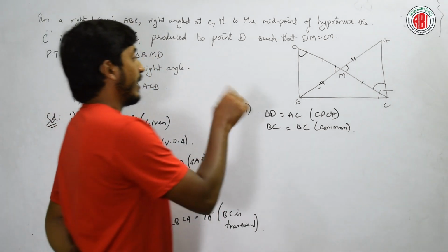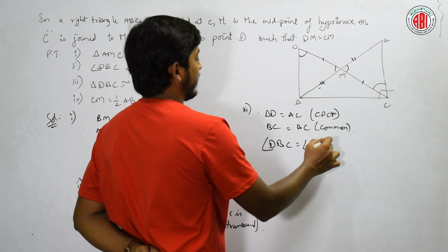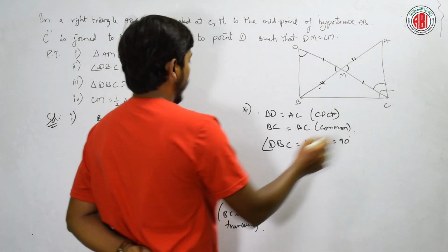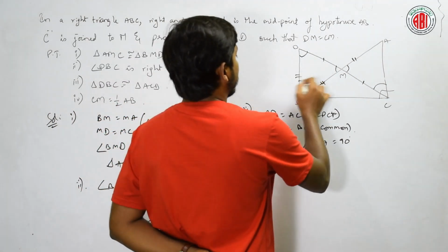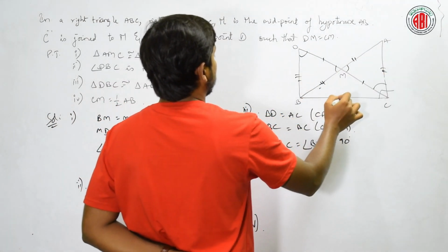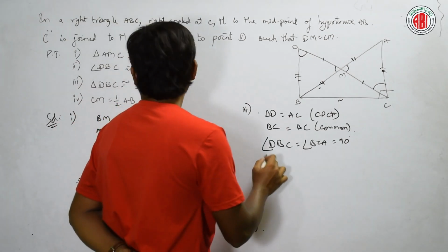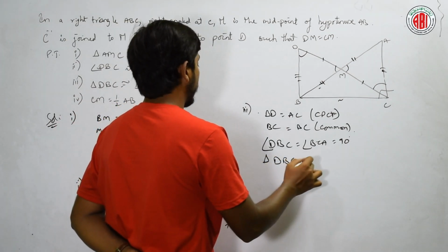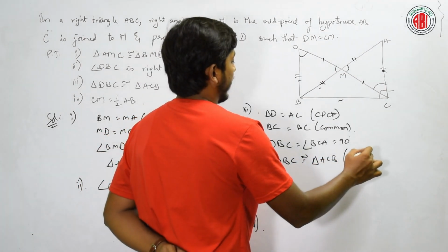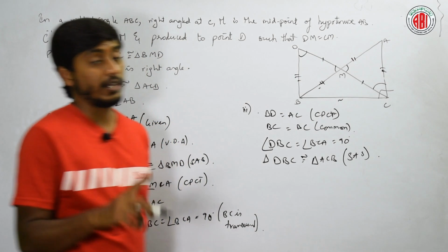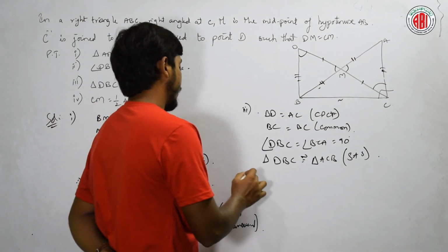And we know that angle DBC is equal to angle BCA, which is 90, already proven here. Okay. Therefore, this is equal to this and this is the common side. Therefore, by SAS, triangle DBC is congruent to triangle ACB by SAS congruency. Don't forget to write the reason in the bracket. Okay. Good.